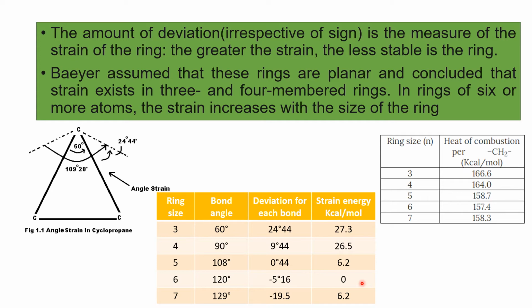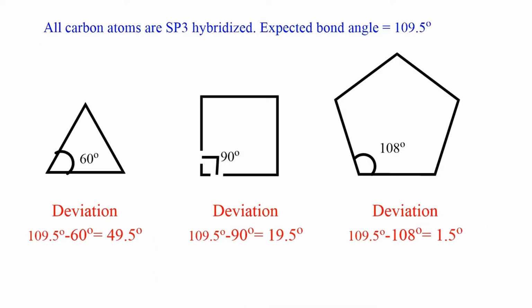So this is the limitation of Baeyer strain theory. You can also see the heat of combustion and correlate this with the angle strain. This is just another way of representing it. You can either draw it in the form of diagrams to show the actual angles and then deviations, or you can make a table like it was on the last slide.